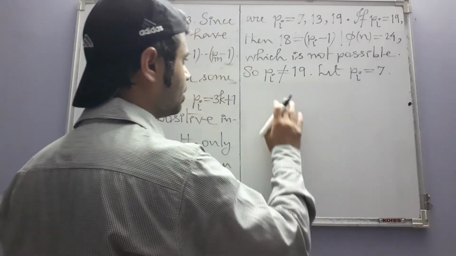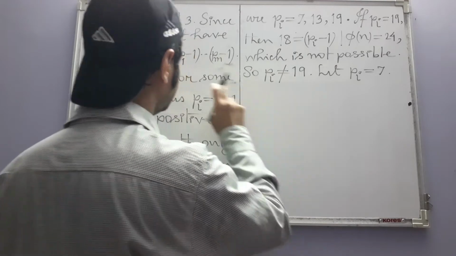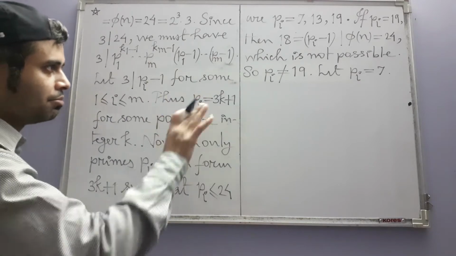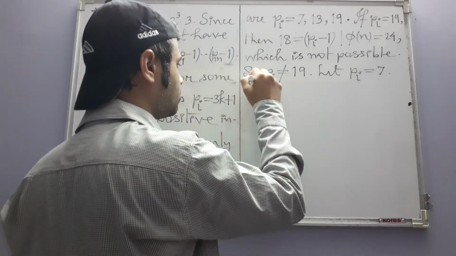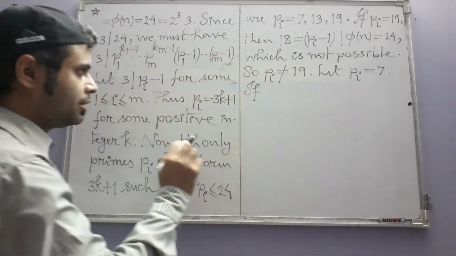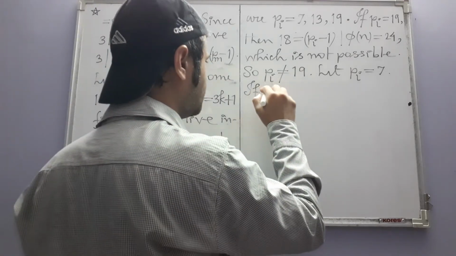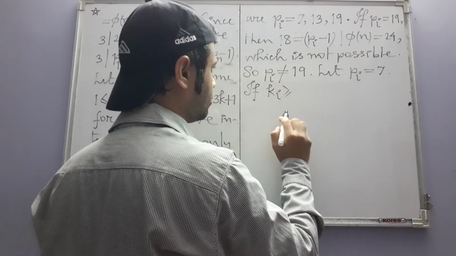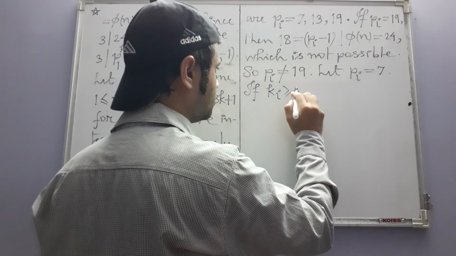That is not a problem, that's just an observation that will help us decide what the exponent of that prime pi should be. If the exponent of the prime pi is of course ki according to our notation. So if ki is greater than or equal to 2.